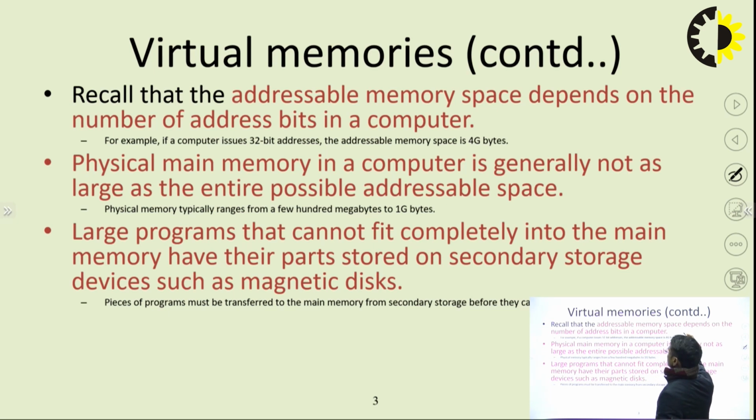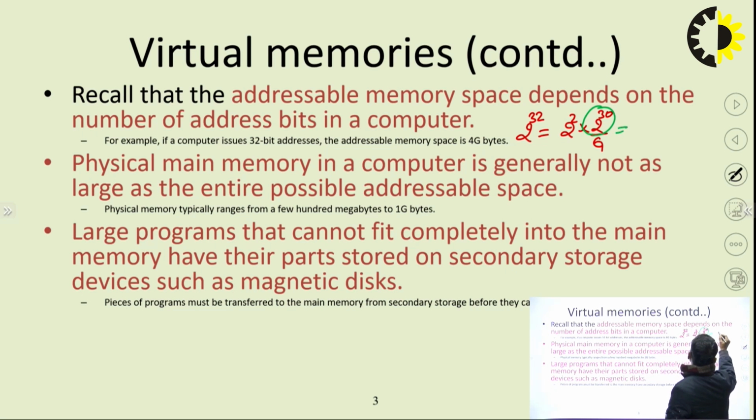How is it possible? 2 raised to power 32 addresses are there. This comes out to be 2 raised to power 2 into 2 raised to power 30. 2 raised to power 30 is 1 giga. So this results in 4 gigabyte address space.